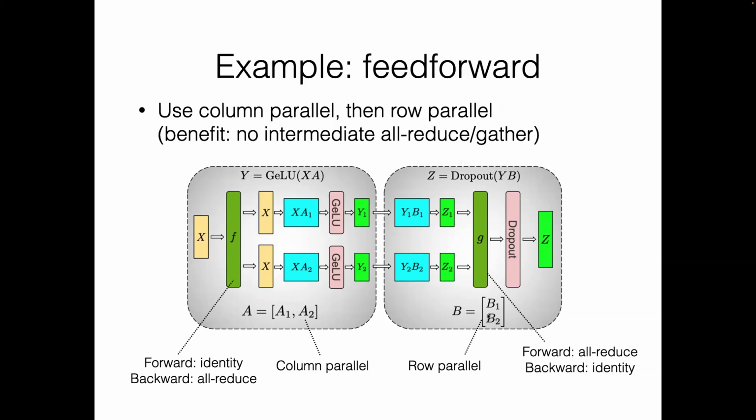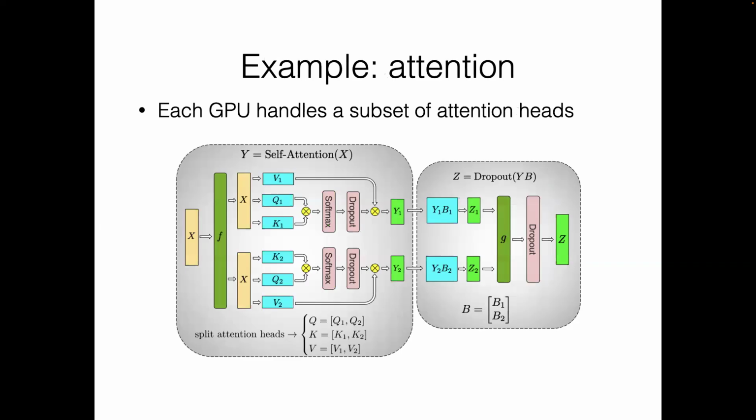Again, I'm just showing you this to give you the flavor of what you have to do if you want to use this. And the idea again is you want to avoid the communication costs that are involved. And then for attention, you might do something else, like split based on the attention heads, so each GPU handles one head. And then here it's splitting by the row for the matrix multiplication at the end.